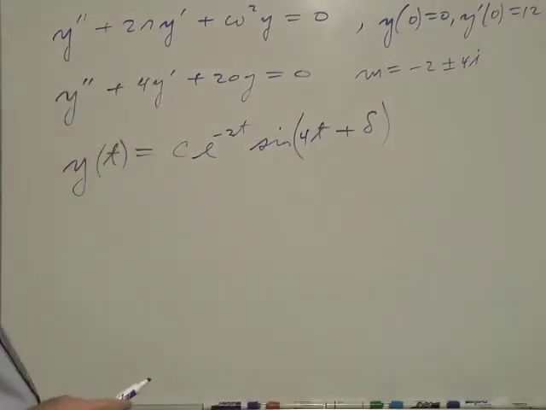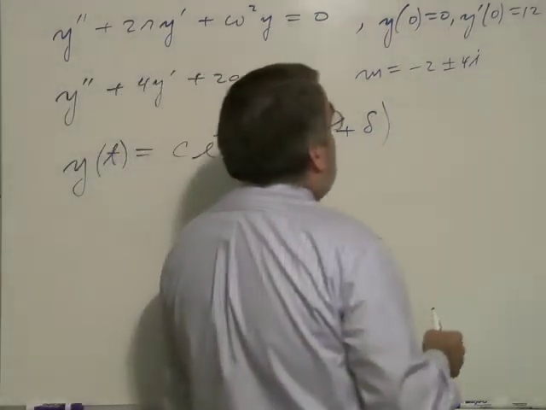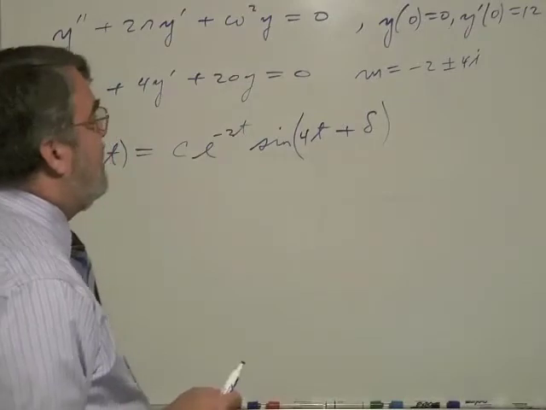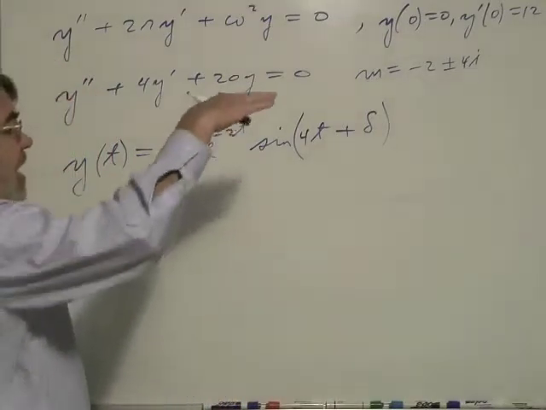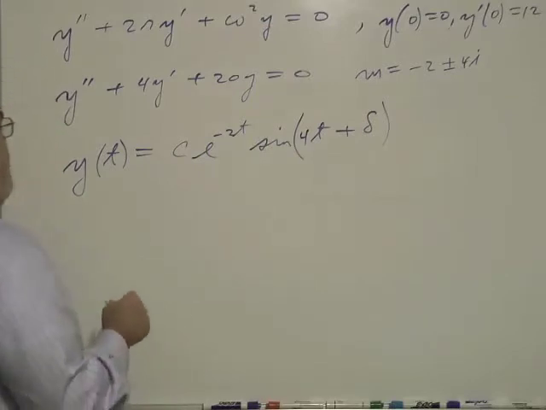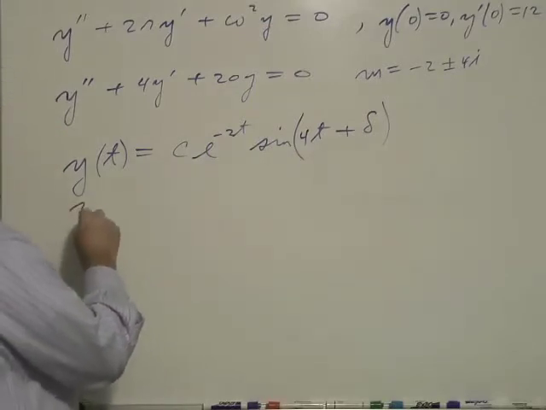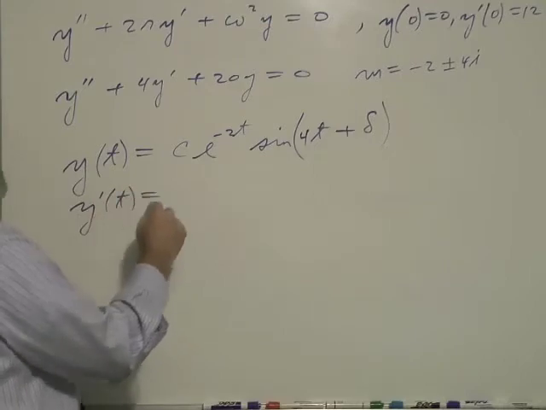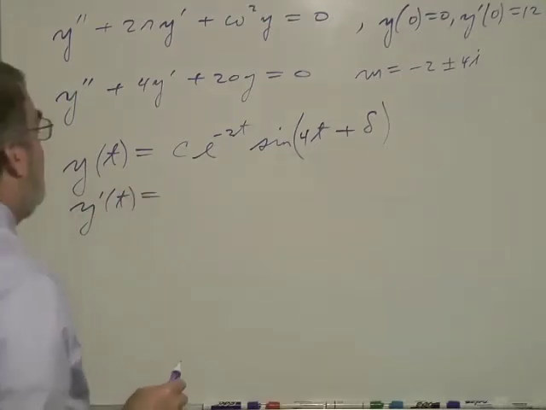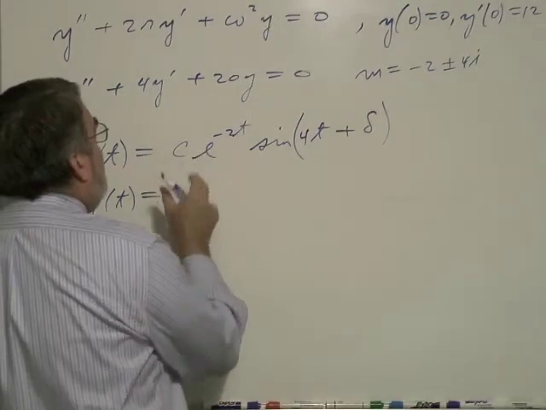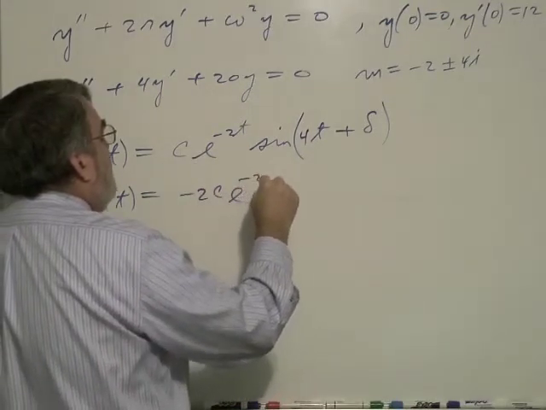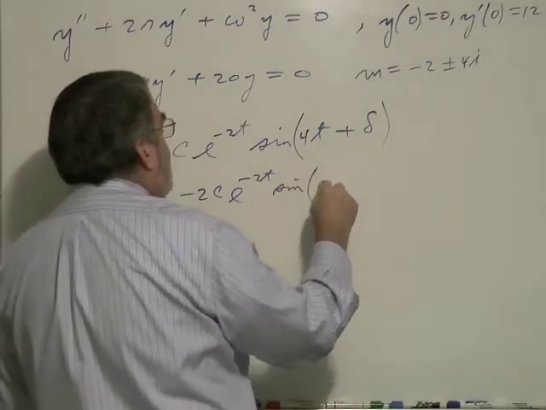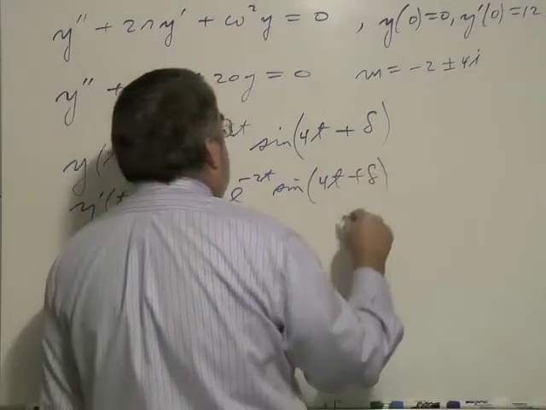I suspect c is going to be equal to 12, because... no, maybe it's not. I don't know what it is, because that 12 up there is a velocity. We're not sure how far it's going to stretch. So we'll figure it out. Let's go ahead and take the derivative before we plug numbers in. The derivative is minus 2c e to the -2t sine of 4t plus delta.